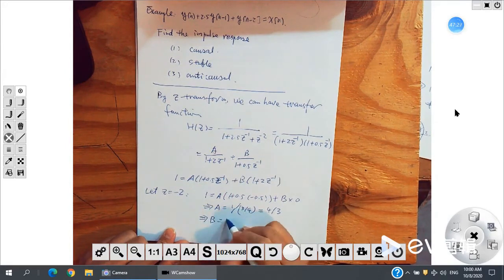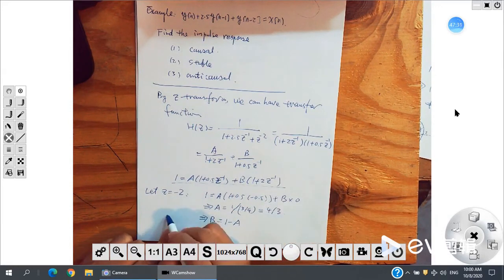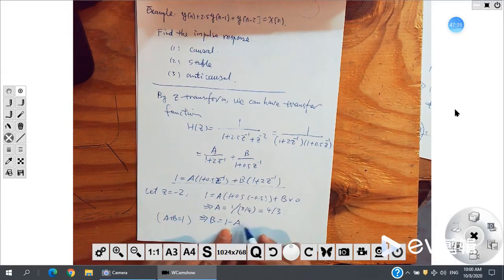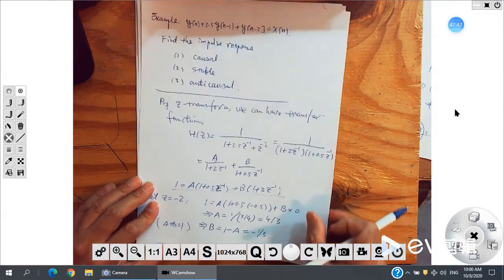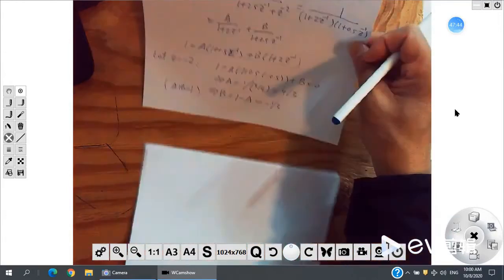B is 1 minus A. You look at it here, A plus B equals 1. So B is 1 minus A, equal to negative 1/3. Now you want to find h of n.